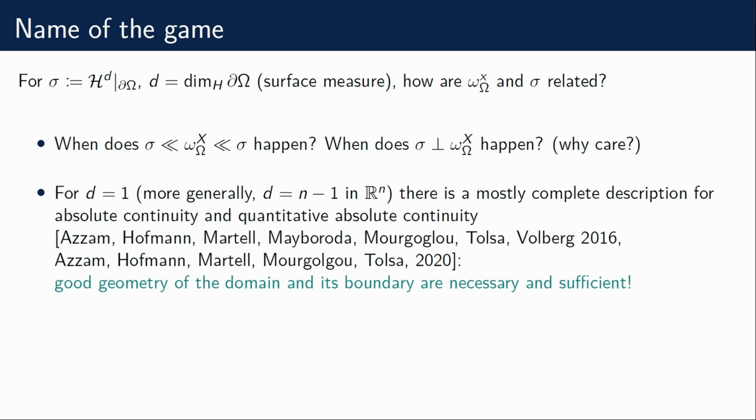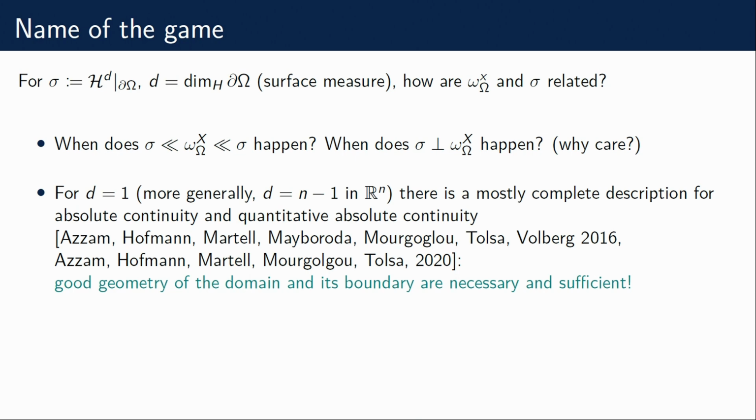Okay, and I should mention we're working in the complex plane, and if it so happens that the boundary is one-dimensional, or more generally, if it's dimension n-1 in R^n, by today's standards, there's a very complete description answering the questions above, more or less. There are answers to absolute continuity and quantitative absolute continuity by these authors here.